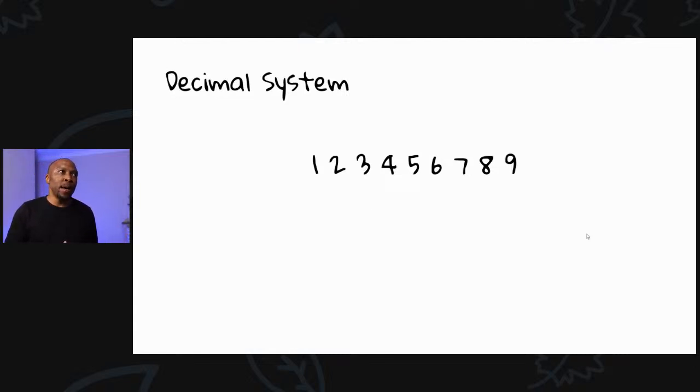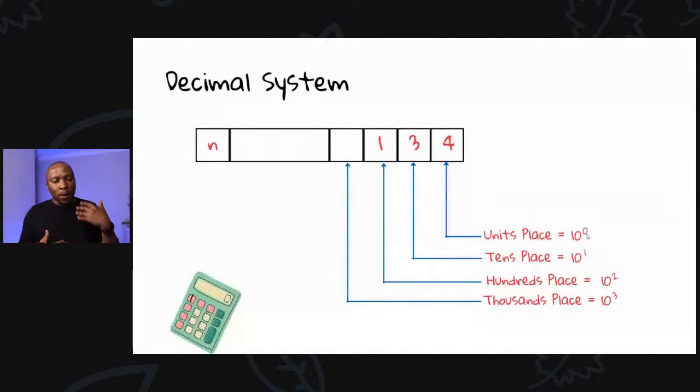I'm sure we covered this at some point between grade 1 and grade 3, or maybe earlier, in kindergarten, when we learned how to count 1, 2, 3, 4, 5, 6, 7, 8, 9. But what we never took time to understand was, how did we get to this decimal system? Dec is 10.